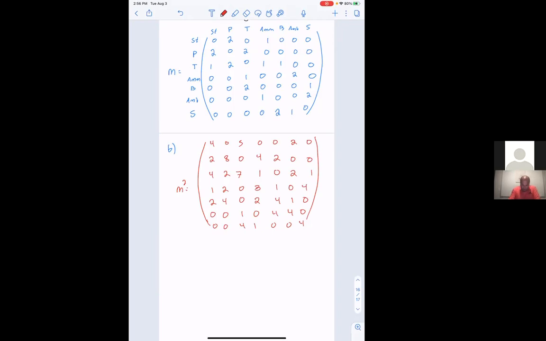Okay. So in the first graph, Starnberg to Tutzing is connected directly. Starnberg to Bernried is not, but it is in the other direction. So Bernried to Starnberg does happen.